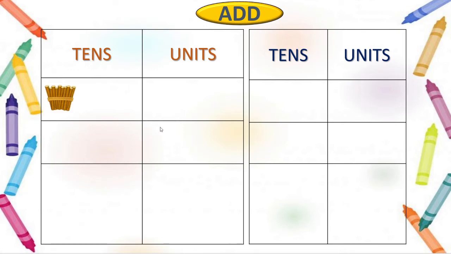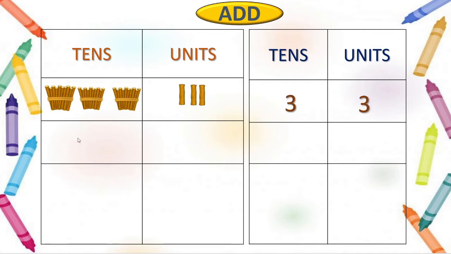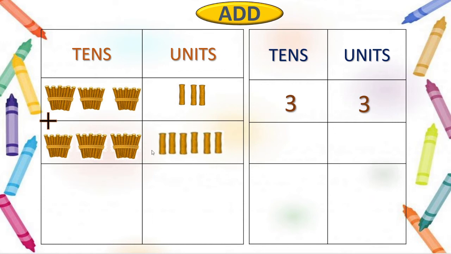Now here also we can see tens and units. Tens means a bundle of sticks and here units means single sticks. How many are there? We will write here 3 tens, 3 units, right? Plus, how many tens and how many units? See here, 3 tens, correct? Plus 3 tens and 1, 2, 3, 4, 5, 6, 6 units.